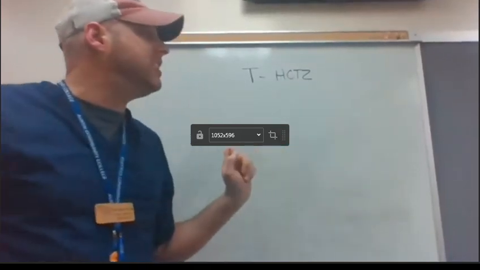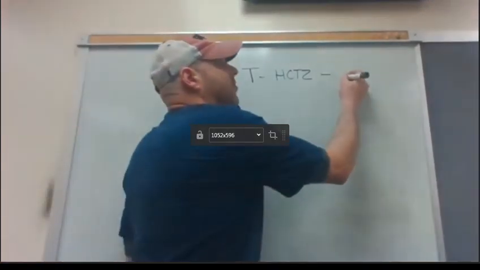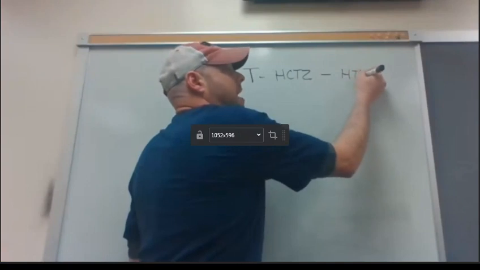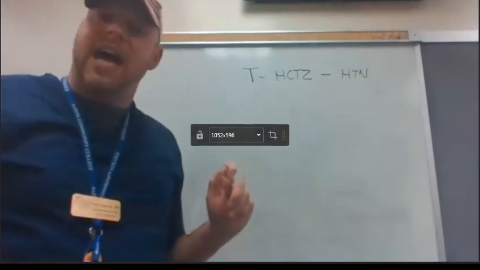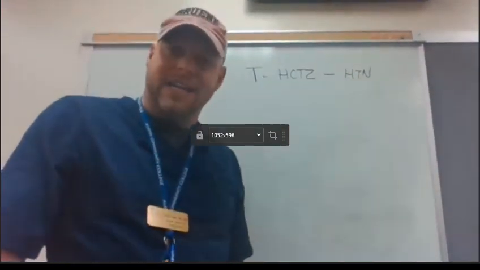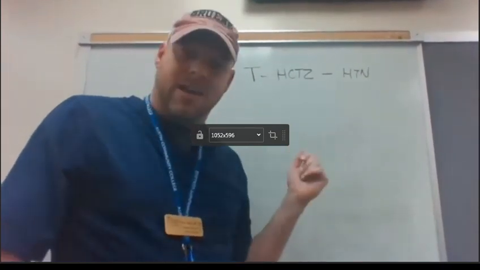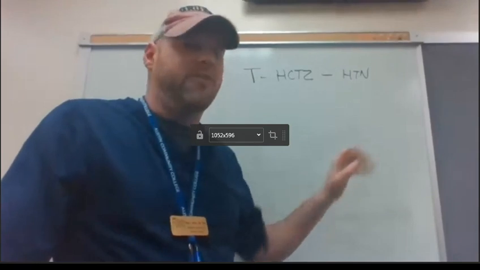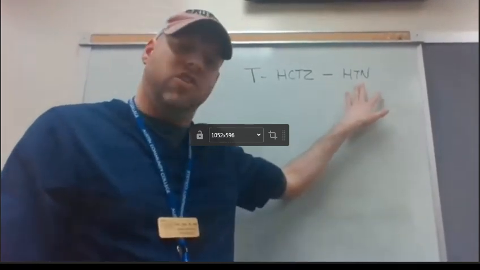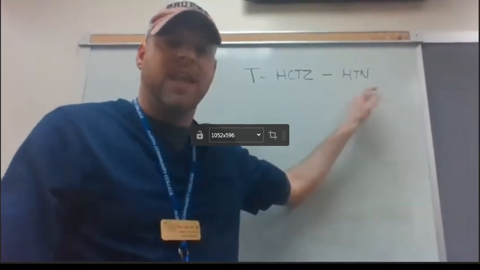And we know this HCTZ is for the treatment of hypertension. All diuretics cause me to diurese or void fluid, so of course that will get rid of that extra fluid, thus decreasing your blood pressure, okay?